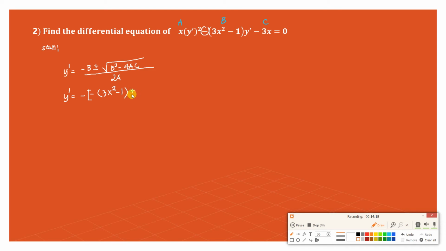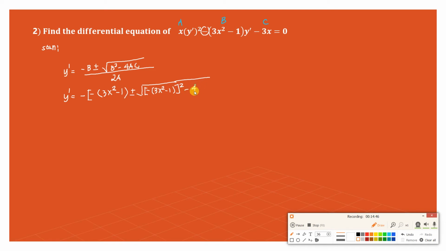Okay, plus minus the square root of, again, yung b squared is negative (3x squared minus 1) na naka-squared. Take note of the grouping symbol. Now, you have bracket and parenthesis. Importante yan, ha? Yung negative kasama sa loob ng bracket na naka-squared. Kaya mamaya magiging positive yan.